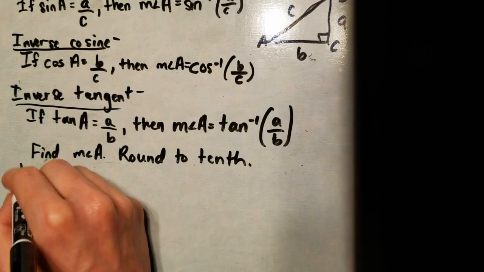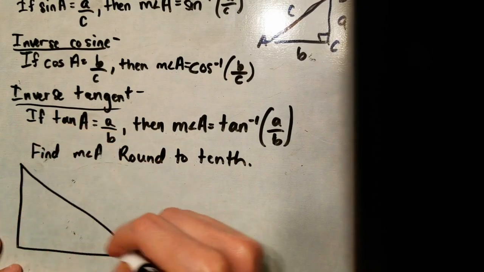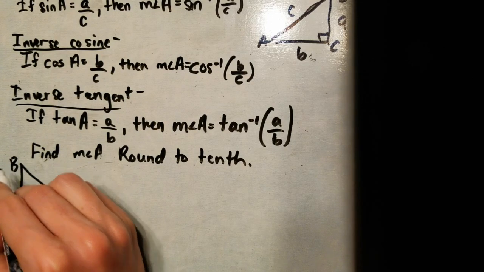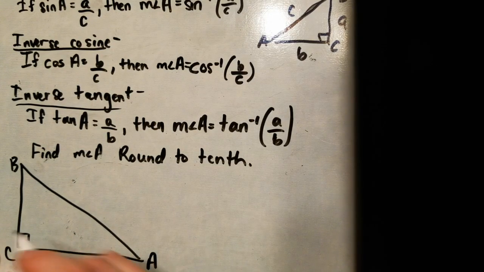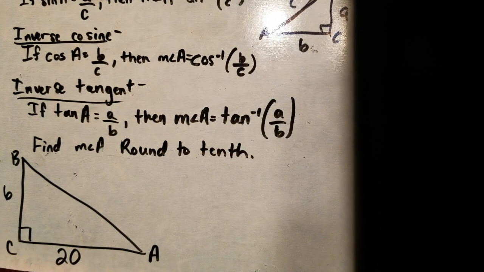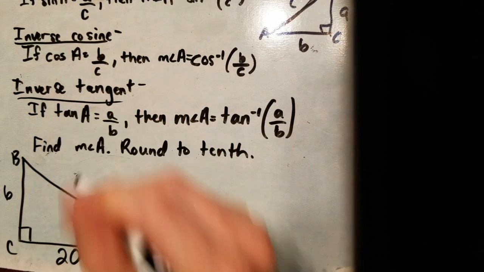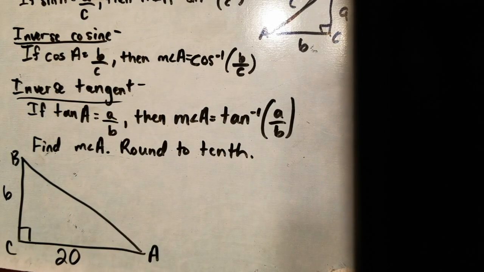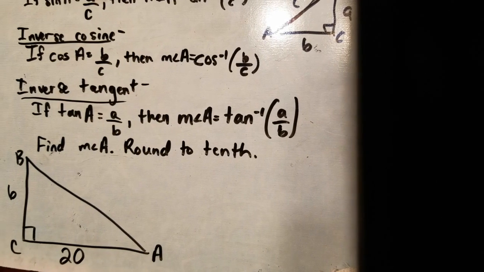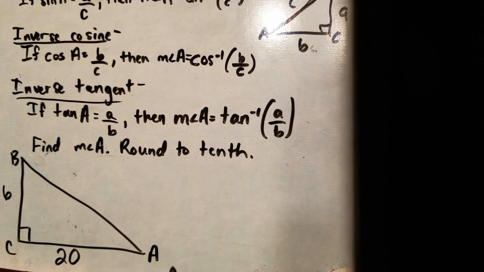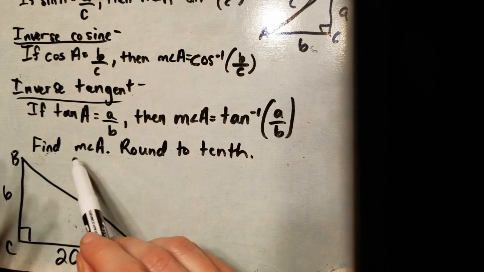All right, so that's a big triangle. Again, I would start these problems the same way I would have started all the other problems we've done this unit. Identify what angle we're given.